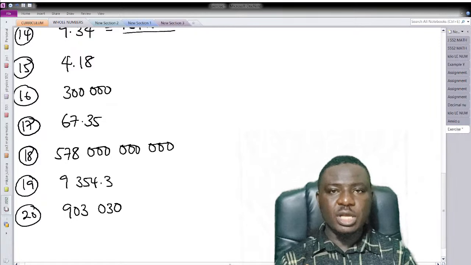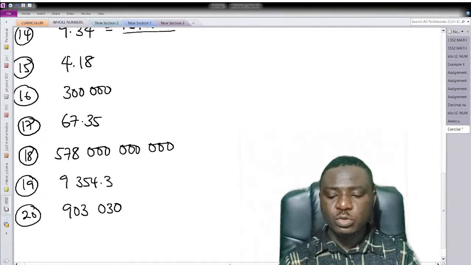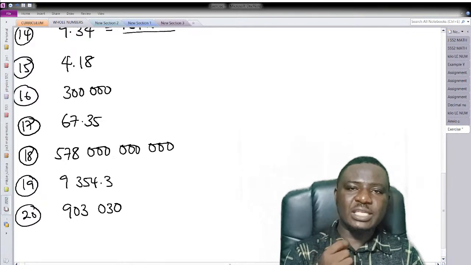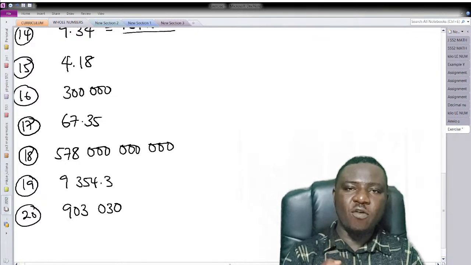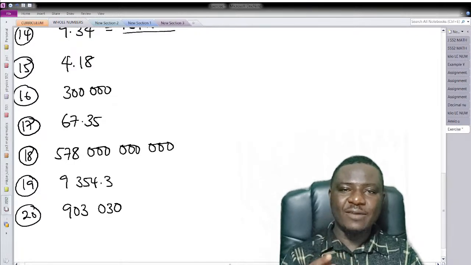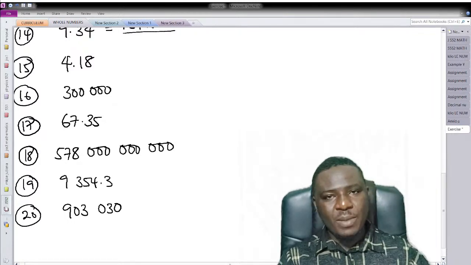Okay, the question to these numbers on the board, you are asked to express them in standard form. These numbers are given in ordinary form. You have to express them in standard form.